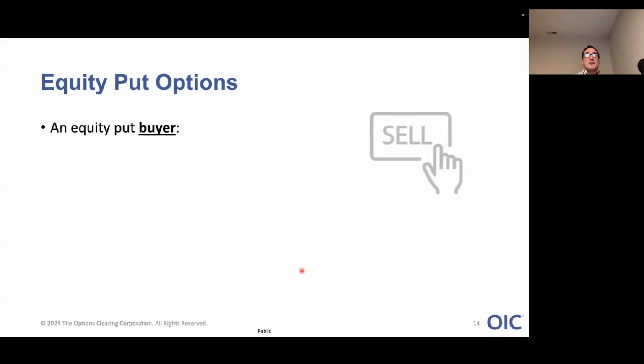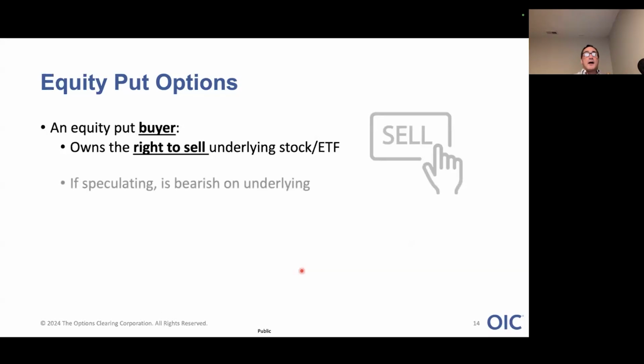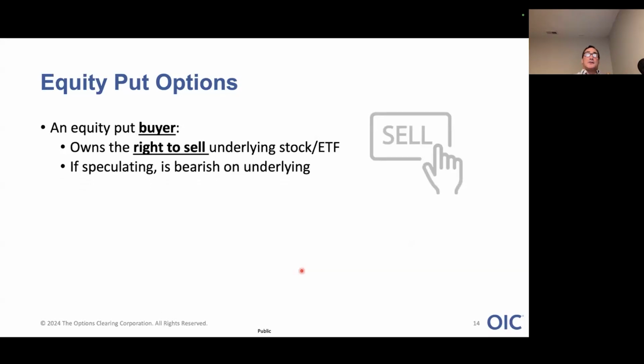So put options, what is a put option? Well, a put option is just the opposite. A put option is the right, but not the obligation, to sell 100 shares of that underlying stock or ETF on or before your expiration. If people don't own the shares and they're just looking to speculate on a bearish move, they might buy puts.